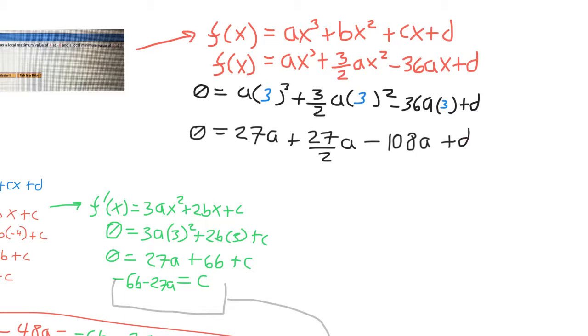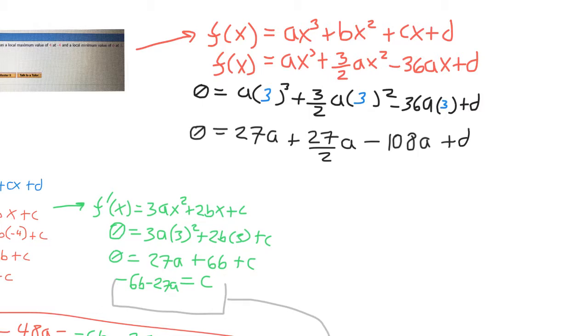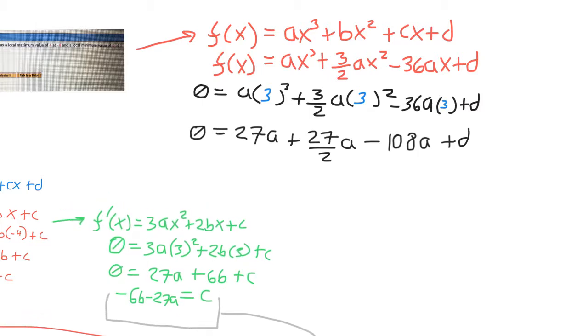So I'm going to leave d on the right-hand side right now. And in a sense, send all the other terms to the other side. We're going to subtract 27a from both sides.